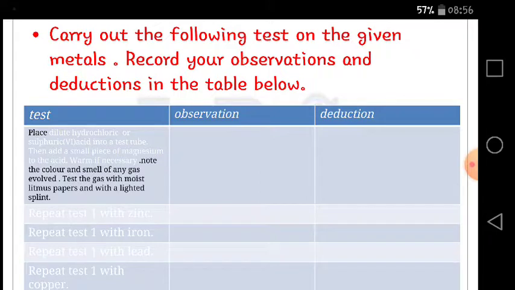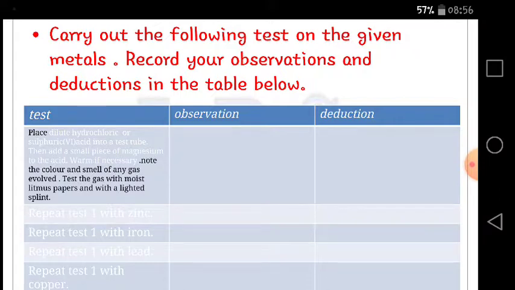For example, in the first test, we will add magnesium to the acid, and warm if necessary. Note the color and smell of any gas evolved. Test the gas with moist litmus paper and with a lighted splint. Then we have to repeat the same test with zinc, and note our observations and deductions.